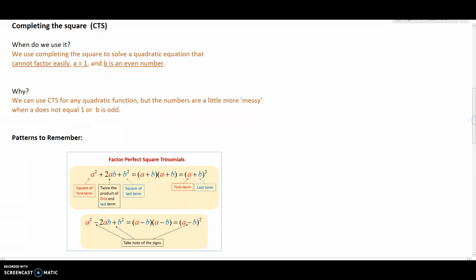So while completing the square can be used for every quadratic equation, we typically use it when we have a quadratic equation where a is equal to 1, where b is an even number, and where we cannot factor it easily. So we remember our standard form of a quadratic is ax squared plus bx plus c is equal to 0.